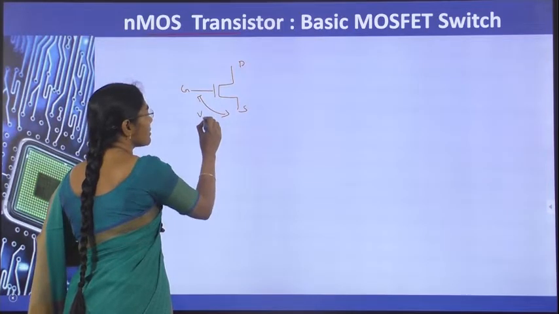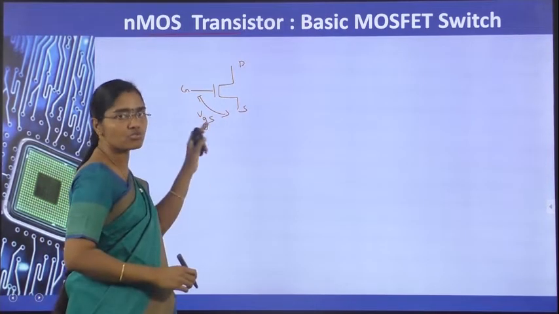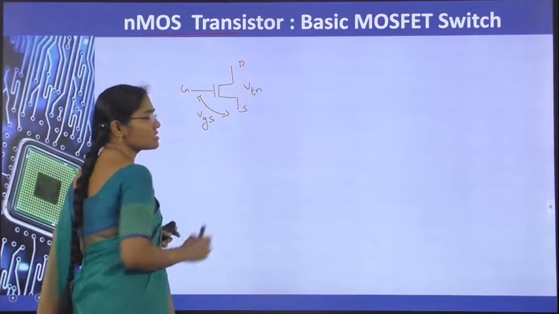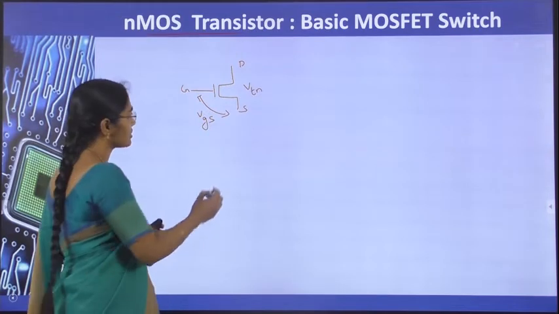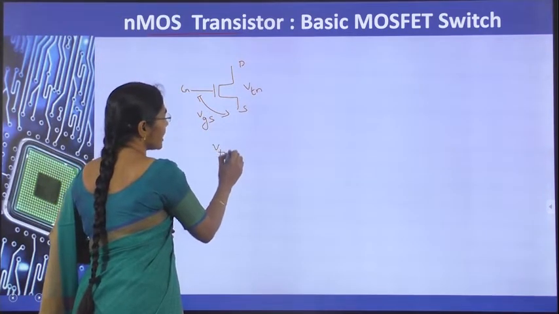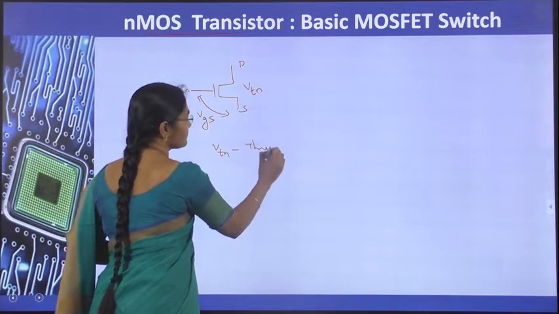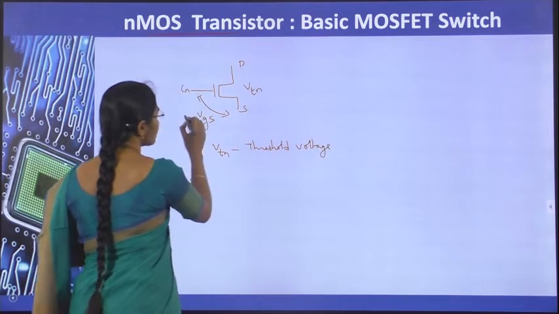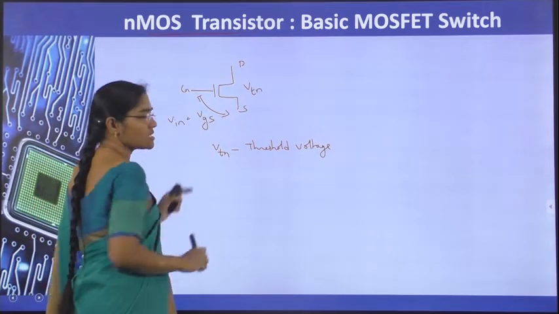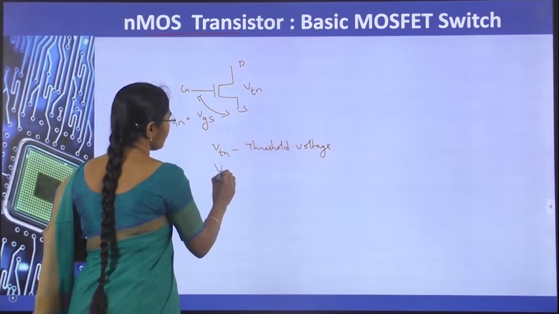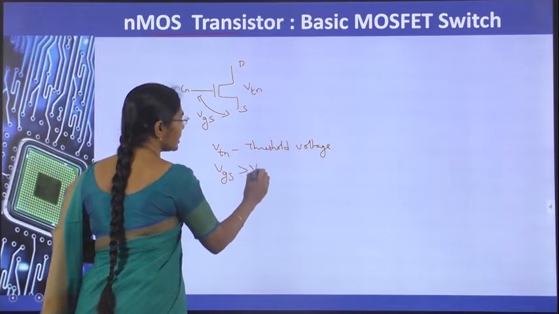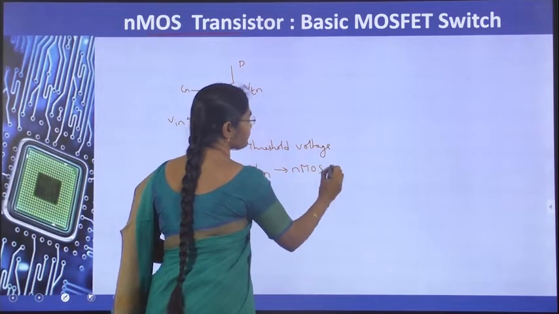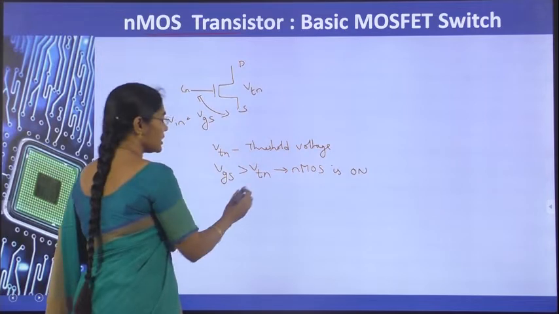Based on the VGS value, that is the gate-to-source potential, and based on the threshold voltage VTN of the NMOS transistor, with Vin applied at the gate, that is between gate and source: if VGS is greater than VTN, then only will the NMOS be on.